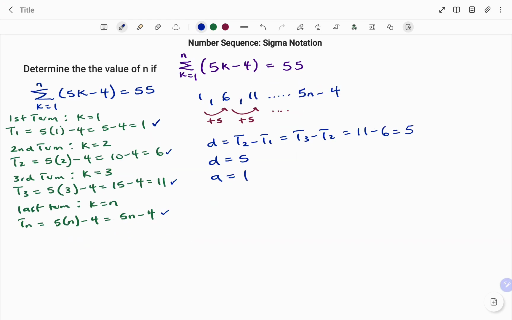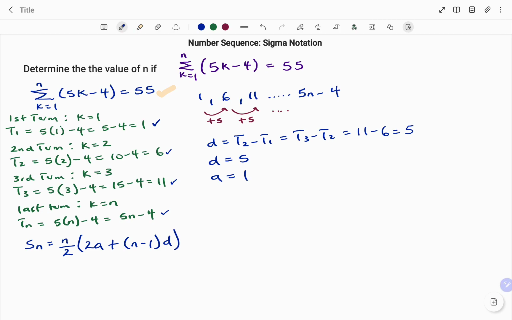If we go back to the question, we've been given the summation of 5k minus 4 from k equals 1 to n to be equal to 55. Using the formula for the sum of the first n terms of an arithmetic sequence, we have S of n equals n over 2 in bracket 2 times the first term plus n minus 1 d.